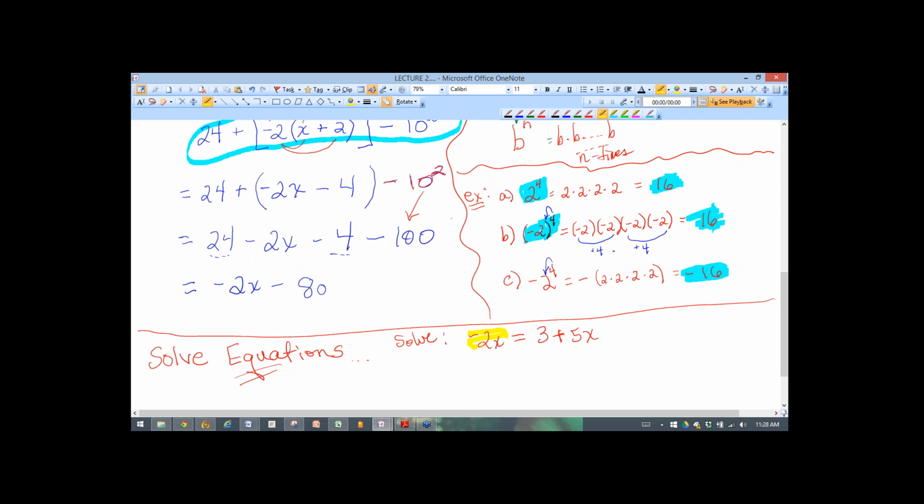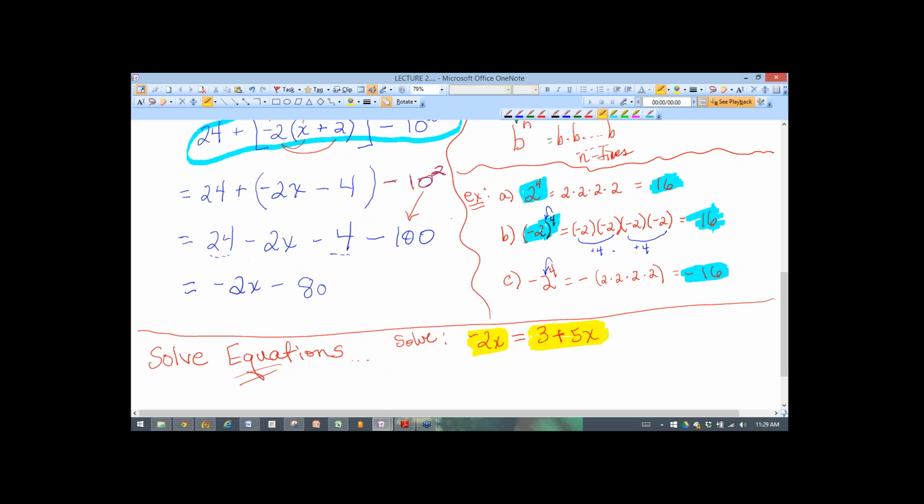Now notice I have an expression here set equal to another expression. This is an equation. This is something where we can find a solution for x. Also, a technical term: we can find a solution set that would make this equation true.